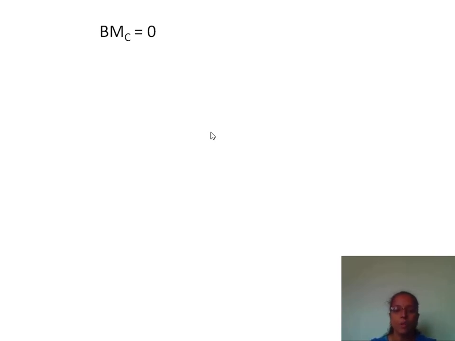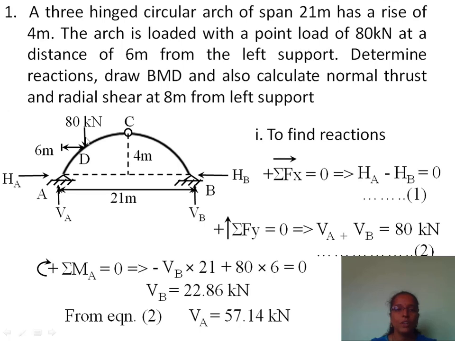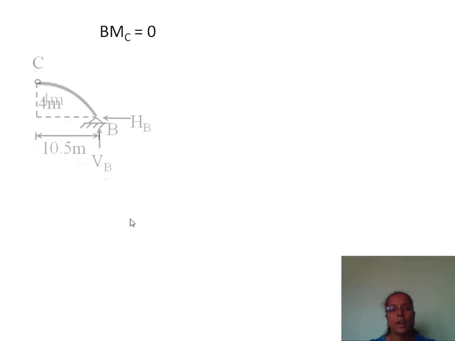If you consider the left part, you have to consider this load, whereas for the right part you have only VB and HB. For simplification, we will consider the right part.